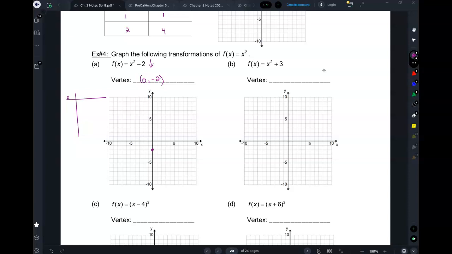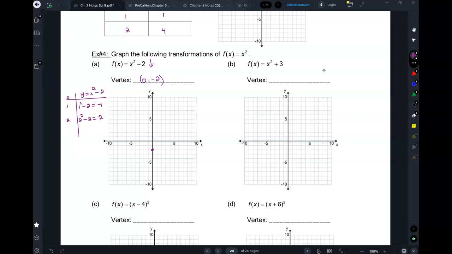So if this is 0, I'm going to pick 1 and 2, and I'm going to plug them into this. So y equals x squared minus 2. So this is going to be 1 squared minus 2, -1. Here. Plug 2 in. It's going to be 2 squared minus 2, 2.